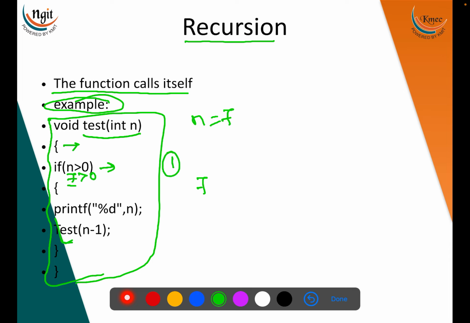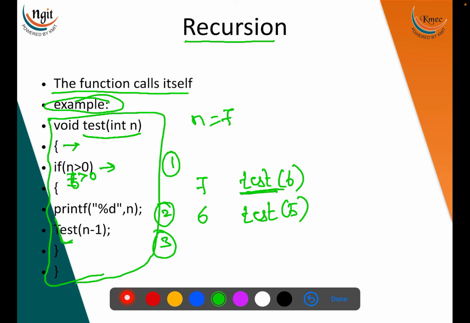Now the n value comes out in the output and the function calls test(n-1), this time test(6). Now again, for the second time, the function is called. Now the n value is 6, the condition is true, we come inside, 6 appears on the screen, and then test(5).